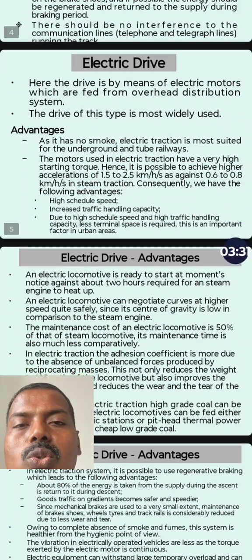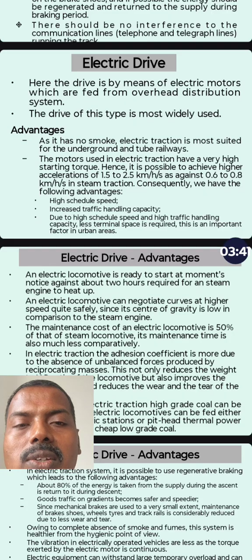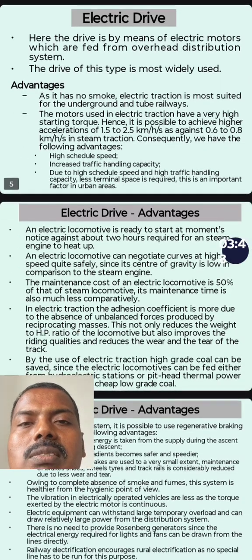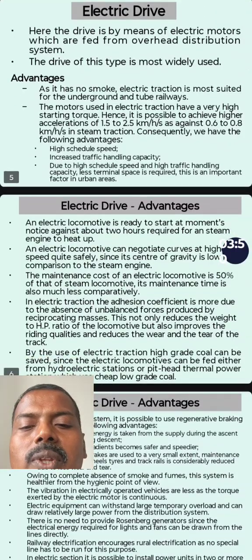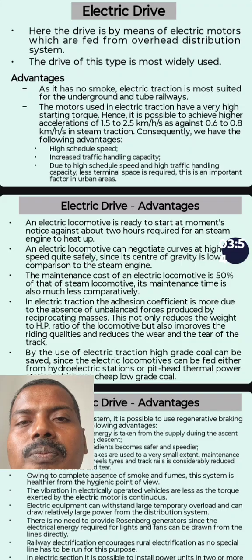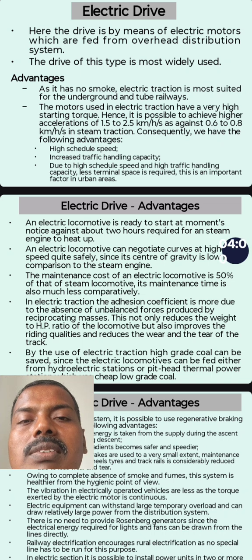The next one is the electric drive. The electric drive means electric motors which are fed from the overhead distribution system. It is widely used. The advantages of using the electric drive are that it is smoke free and there is no pollution, as compared to the diesel engine.